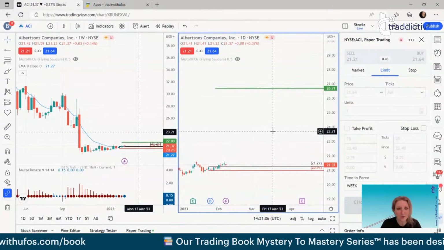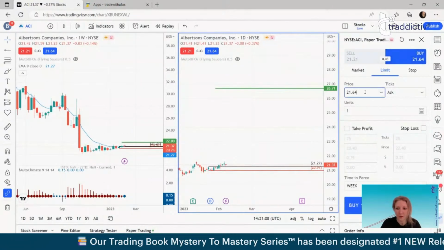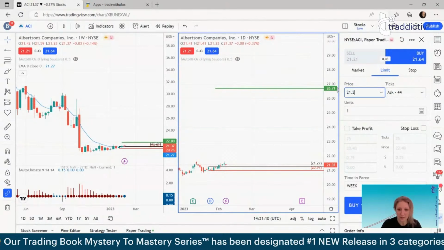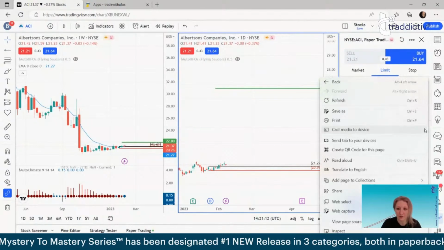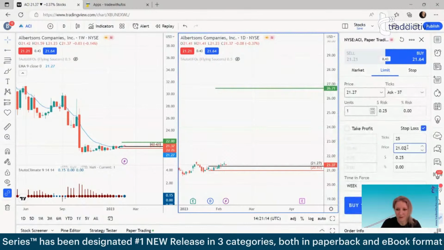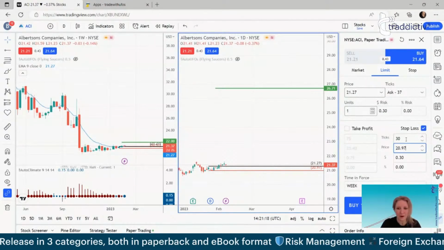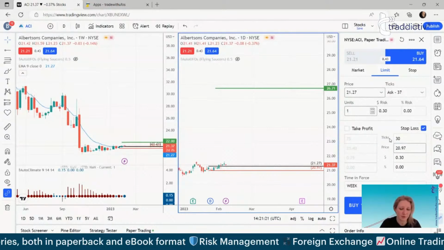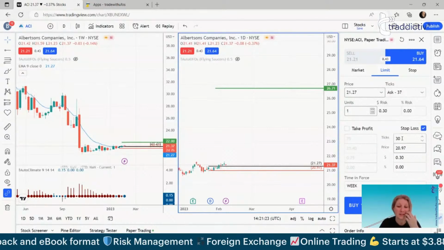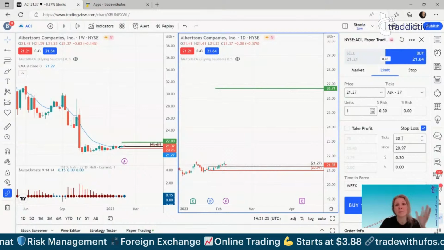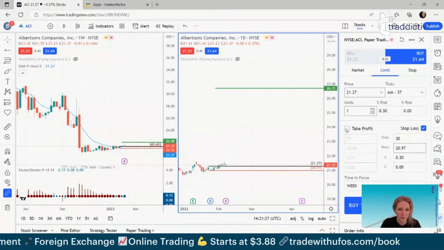Now, in terms of our safety target, let's figure that out. Our entry price being 21.27 and our stop loss at 20.97 means that we are risking 30, it says ticks, but obviously this is a US stock, so it's cents, 30 cents per share.